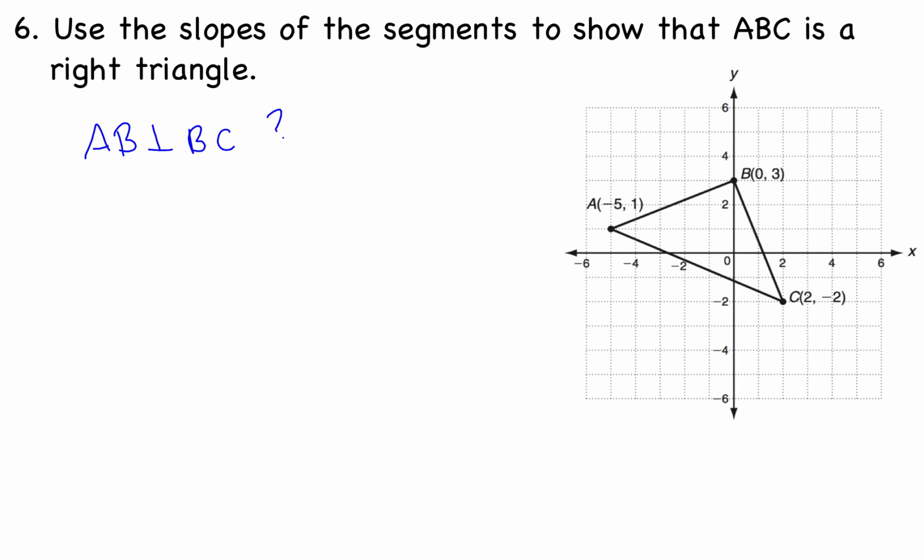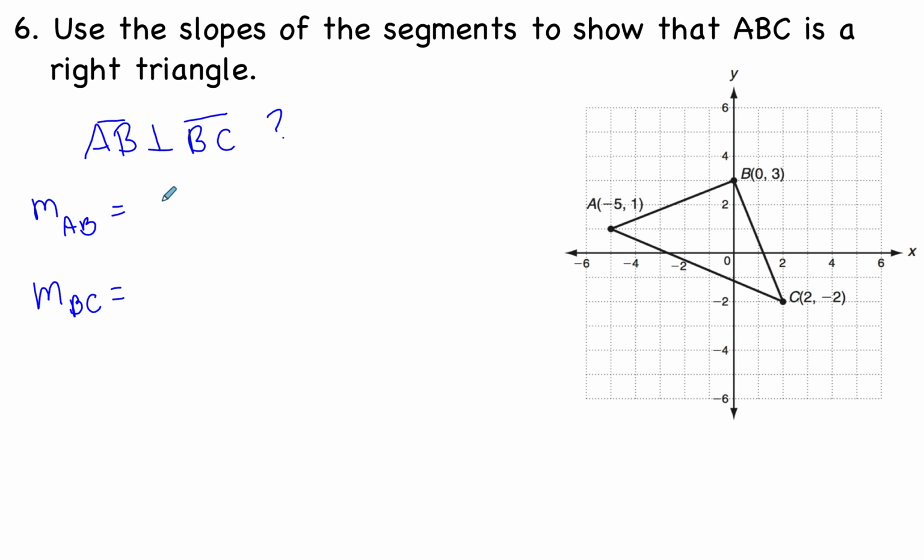That's the question. And it is perpendicular if the slopes are opposite reciprocals. So we need to find the slope of segment AB, and we need to find the slope of segment BC using our slope formula.